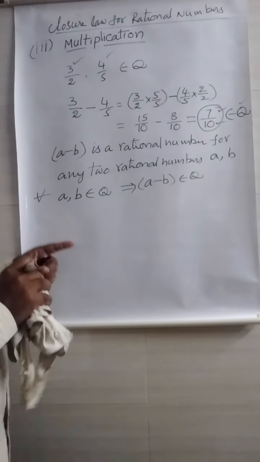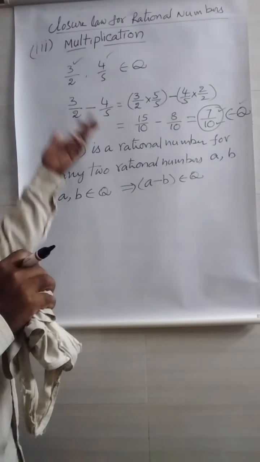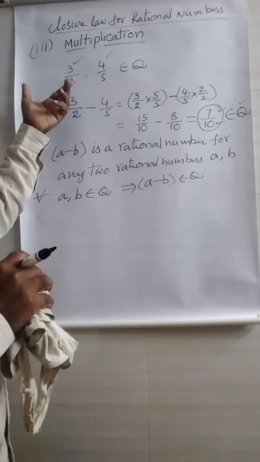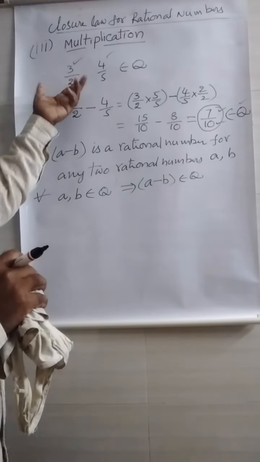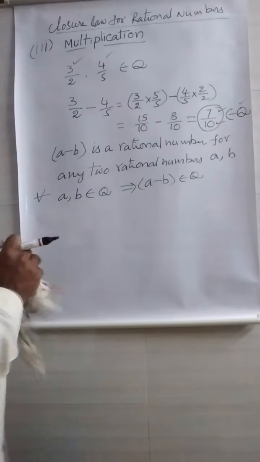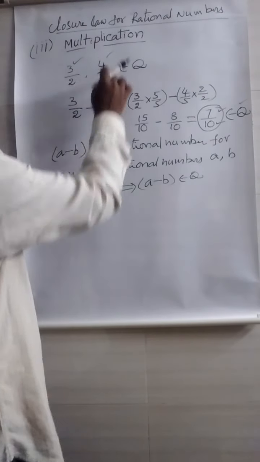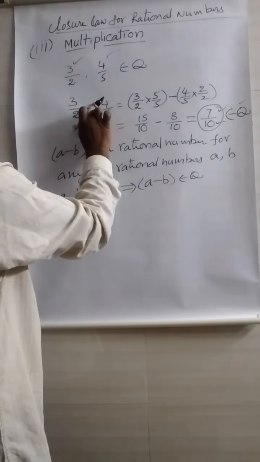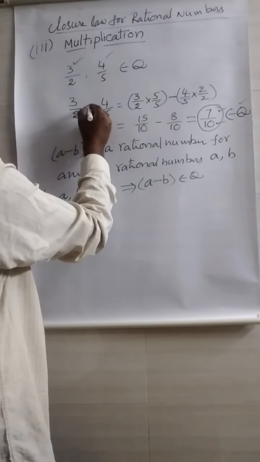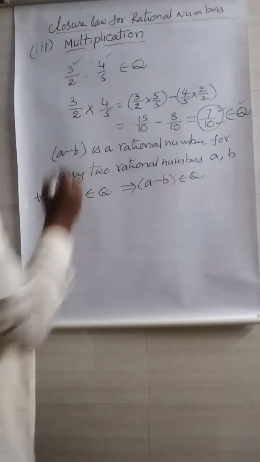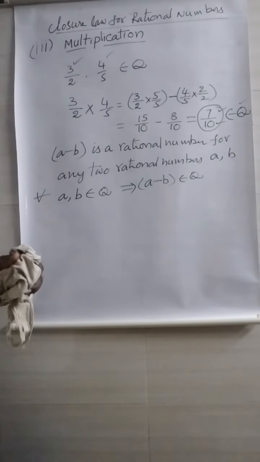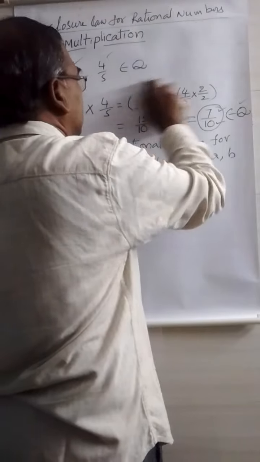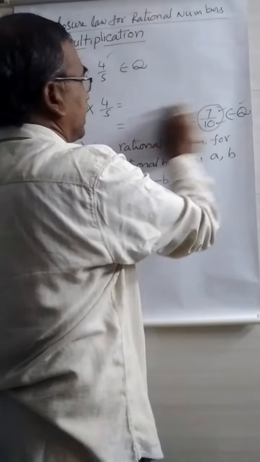We will check it. I take the previous rational numbers. You may take any two. If you do not like these two, you may take any two rational numbers. Here I take 3/2 and 4/5. But what is this operation? Multiplication. So you write the multiplication symbol now. 3/2 into 4/5.